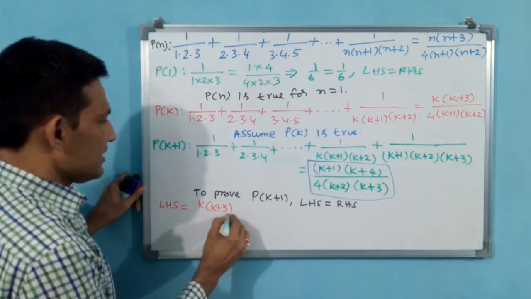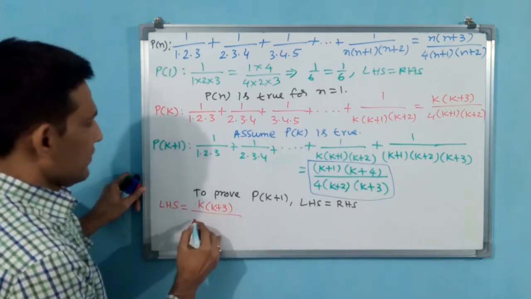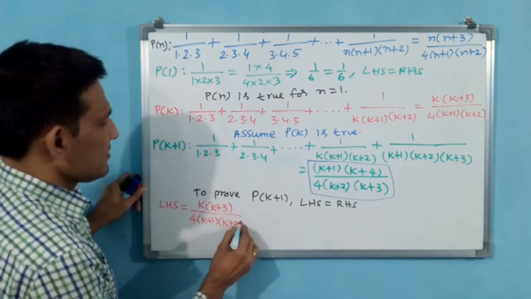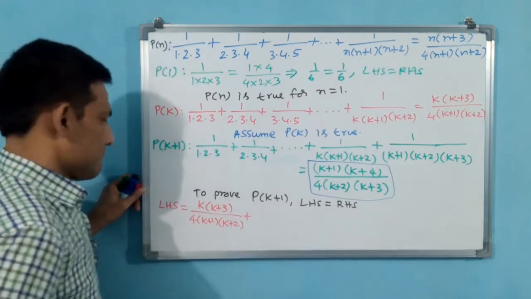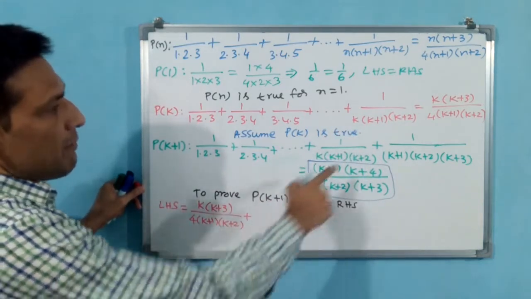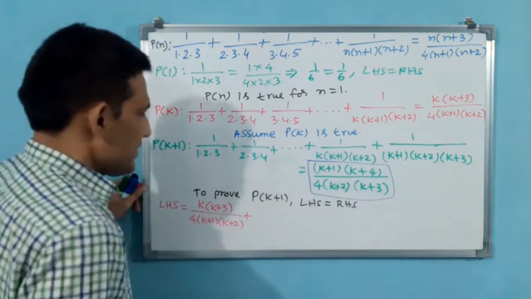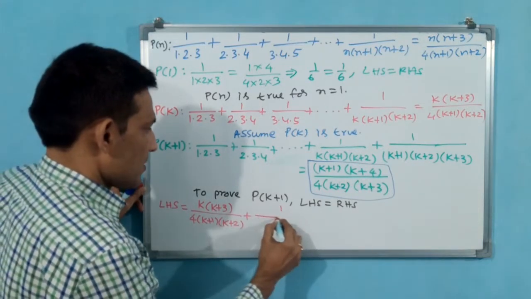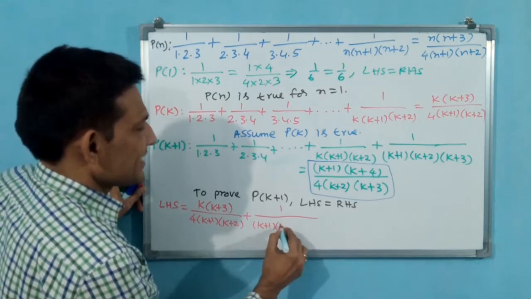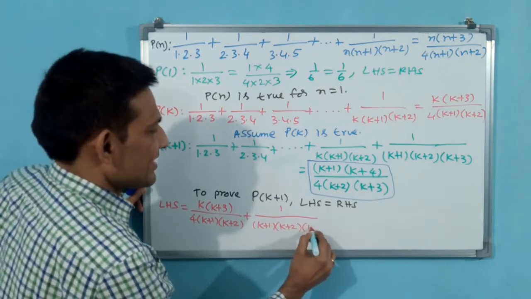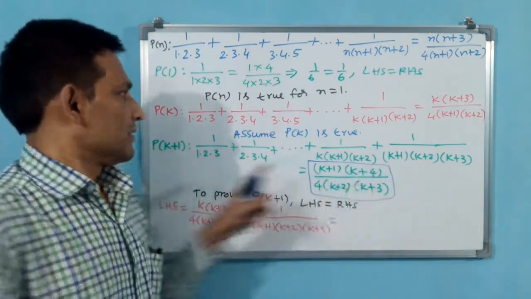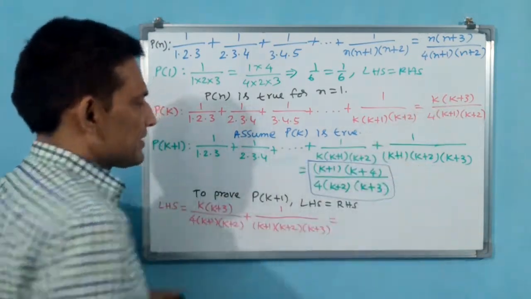K into k plus 3 divided by 4 into k plus 1 into k plus 2, plus this one, 1 by k plus 1, k plus 2, k plus 3. Okay, up to here we have replaced this, plus this one.